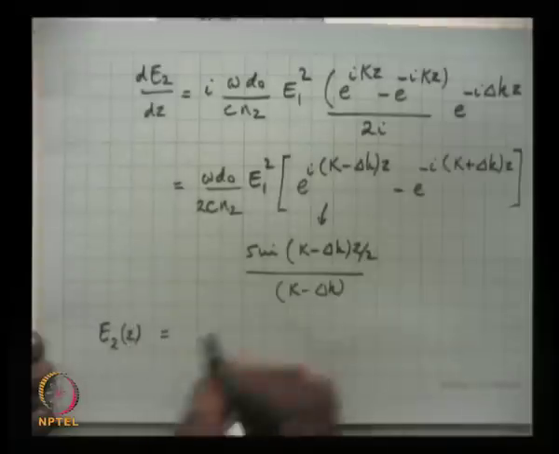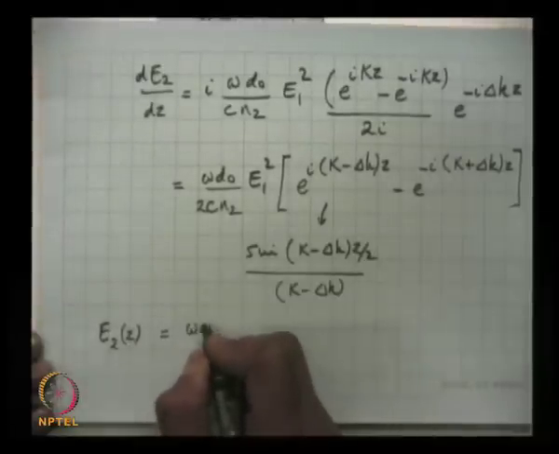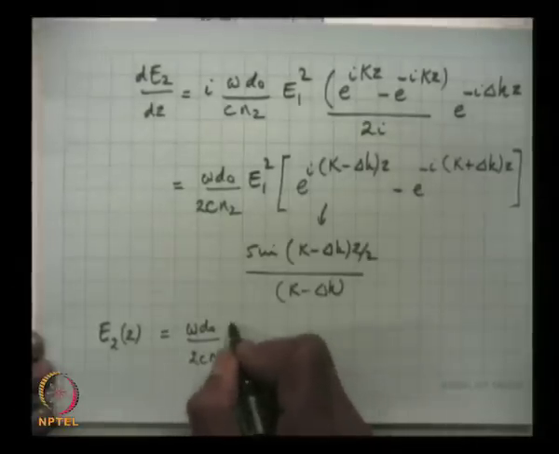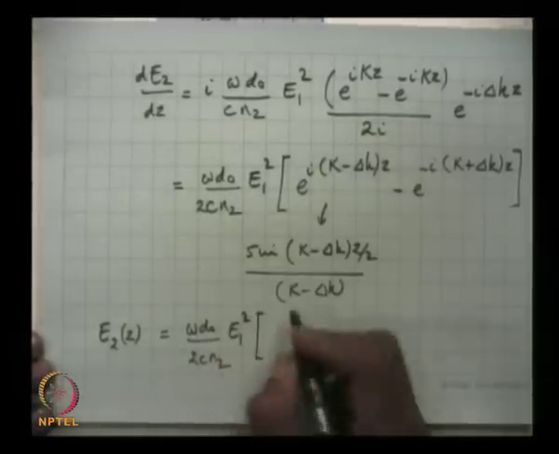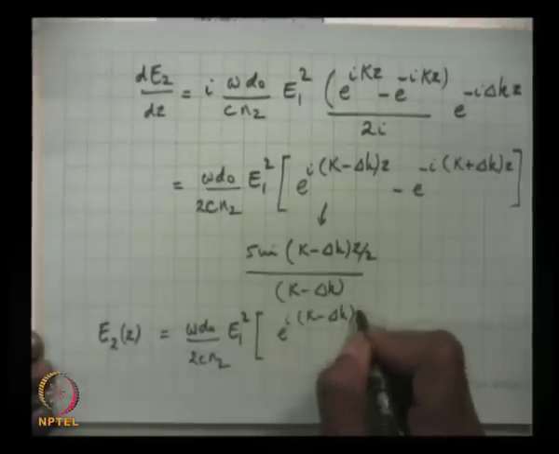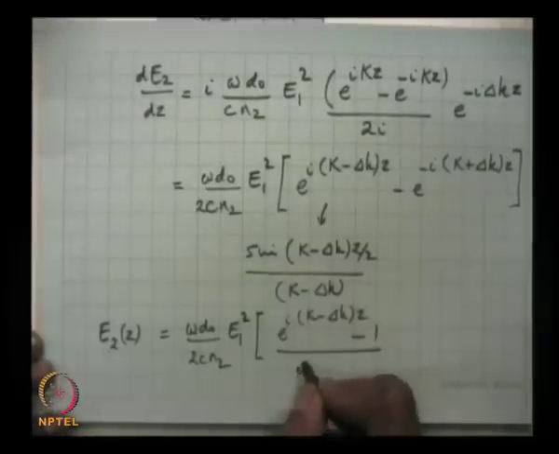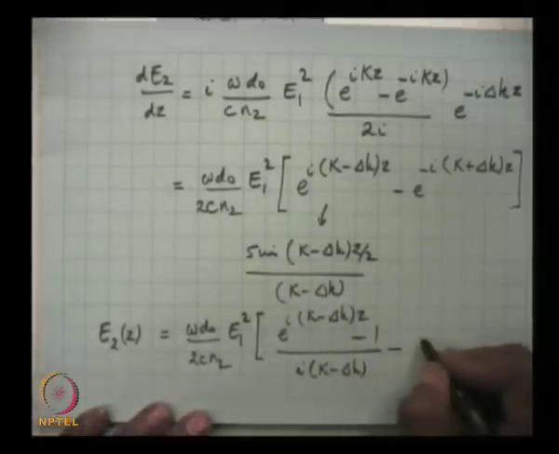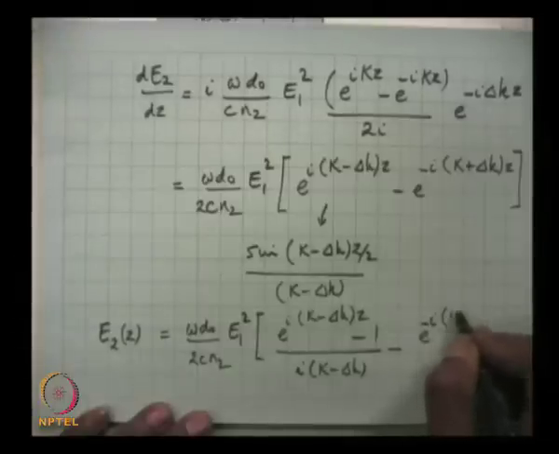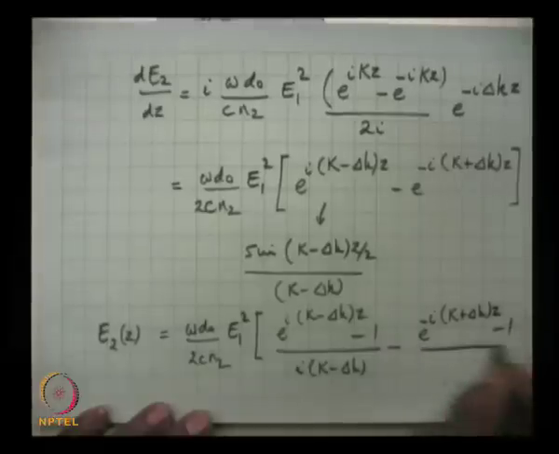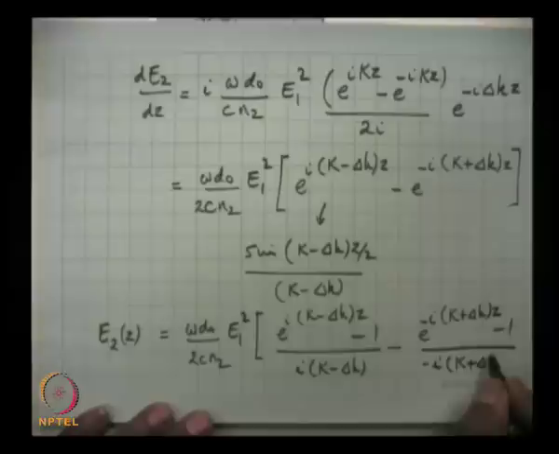E2(z) is equal to ω d0/(2 c n2) E1² times [(e^(i(K−Δk)z) − 1)/(i(K−Δk)) − (e^(−i(K+Δk)z) − 1)/(−i(K+Δk))].